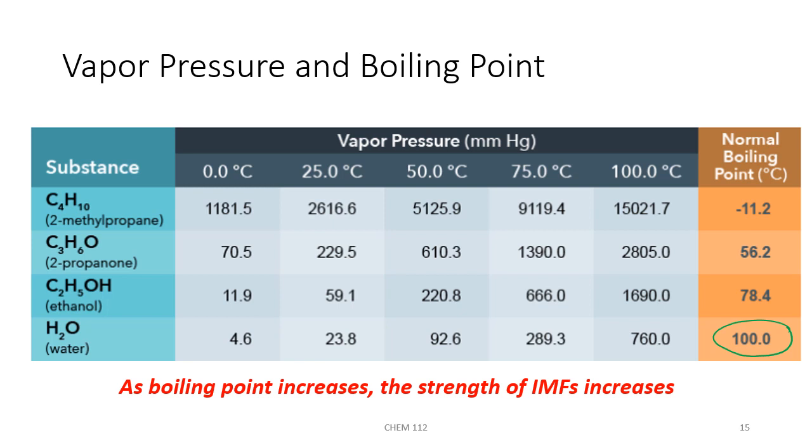And if we choose 25 degrees Celsius, or what's known as room temperature, to compare the vapor pressures of the 4 molecules, we can see that the 2-methylpropane has the highest vapor pressure, and the water with its strongest IMFs has the lowest vapor pressure. There's an inverse relationship between vapor pressure and strength of intermolecular forces.